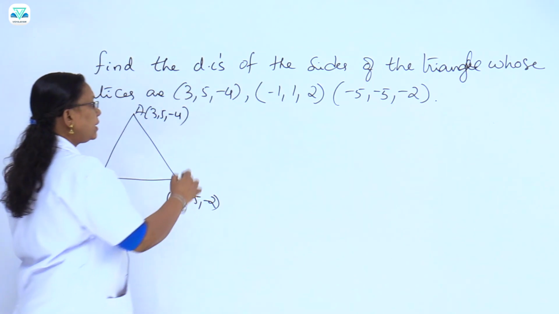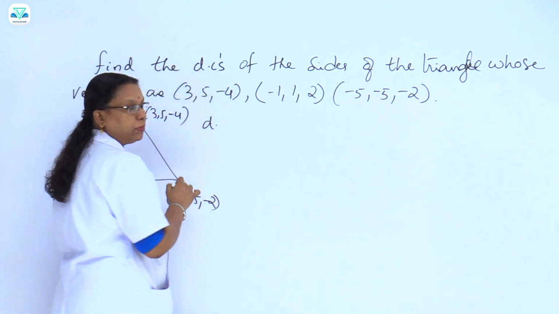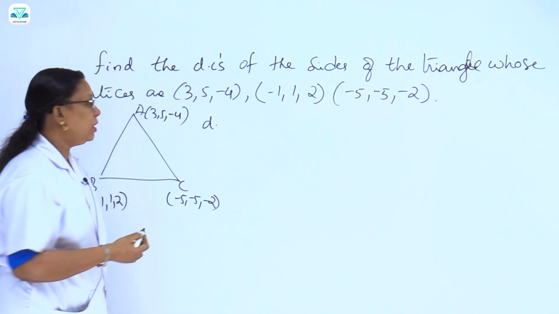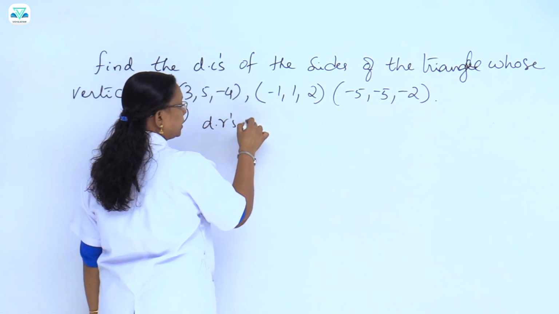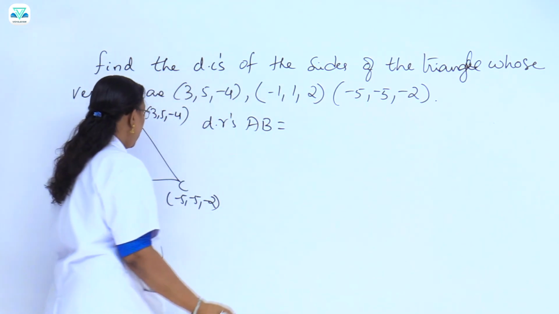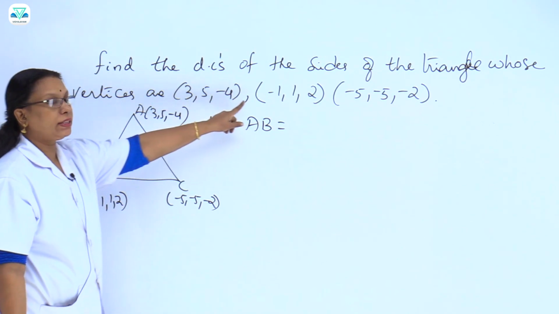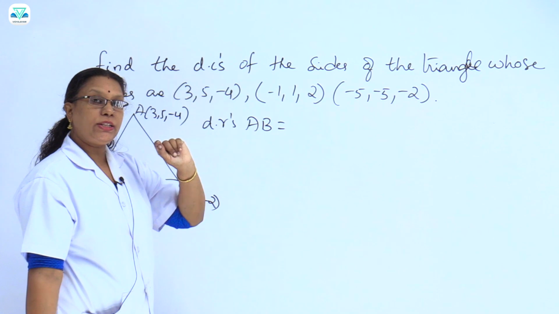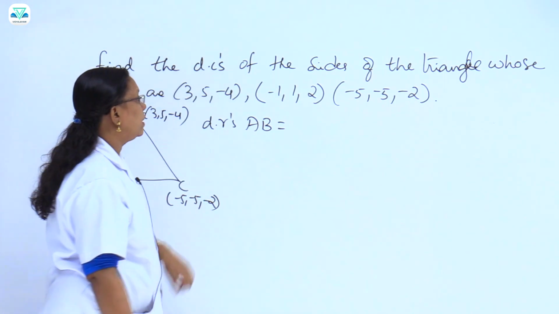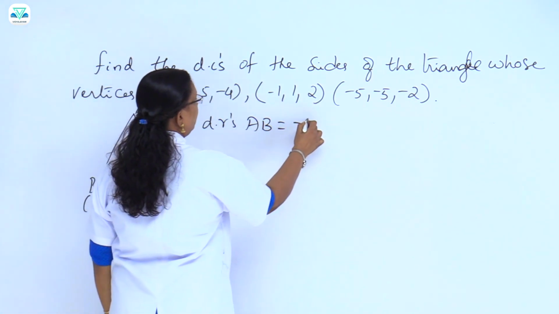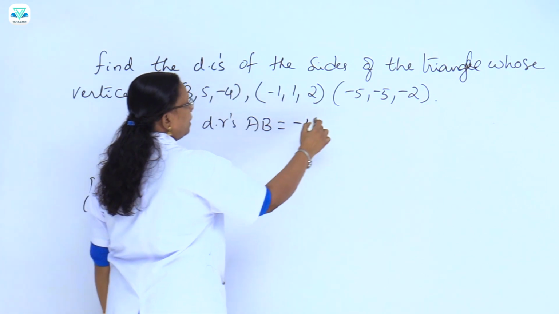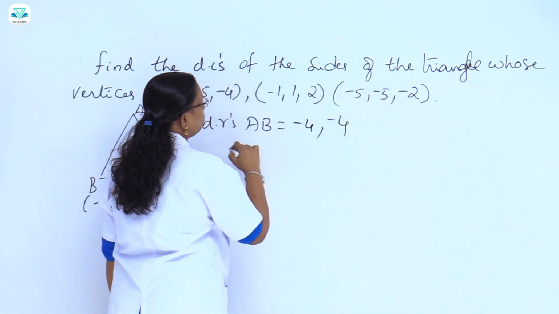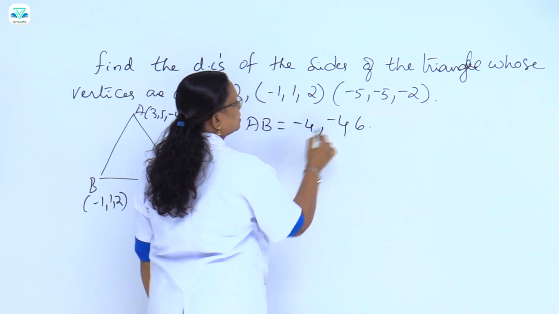To find direction cosines we need the direction ratios. First let us find the direction ratios of AB. Two points are given. Direction ratios are x2 minus x1, y2 minus y1, z2 minus z1. So minus 1 minus 3, 1 minus 5, 2 minus of minus 4, that is minus 4, minus 4, 6.